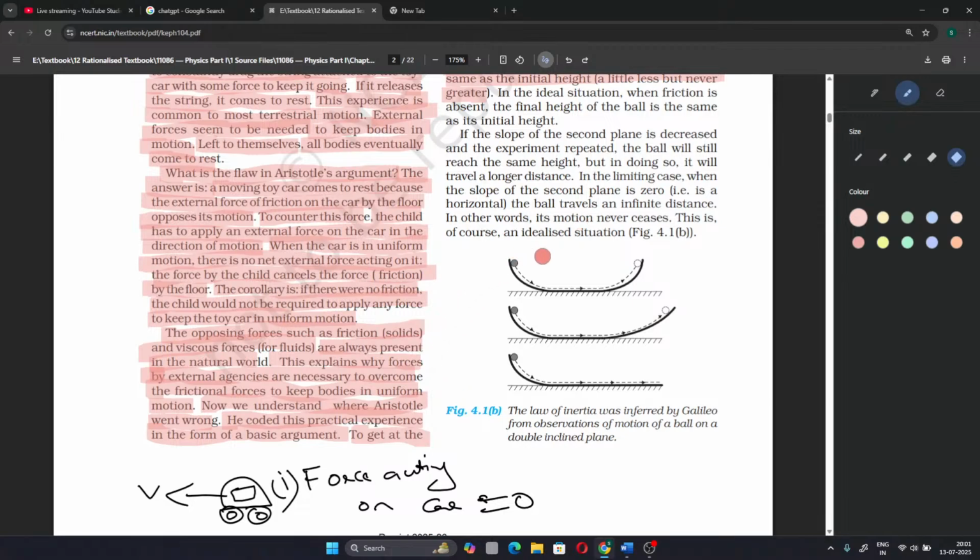When these inclined planes are frictionless, the ball will come up here, and in the case of the real world it will be a little less, down here. Or in the case of an ideal frictionless world, it will reach the exact height. If this is height h, this will also be height h. That is what he's saying.